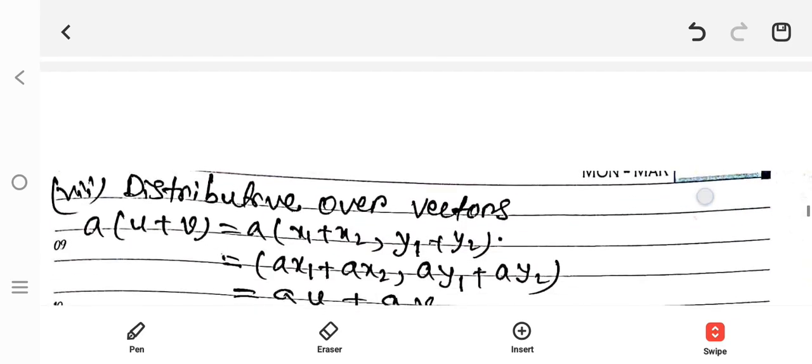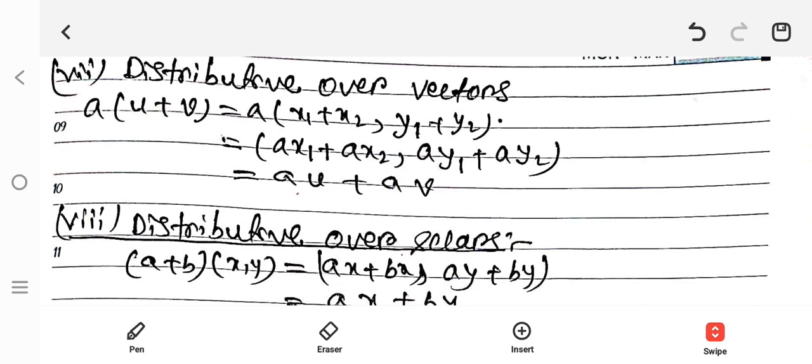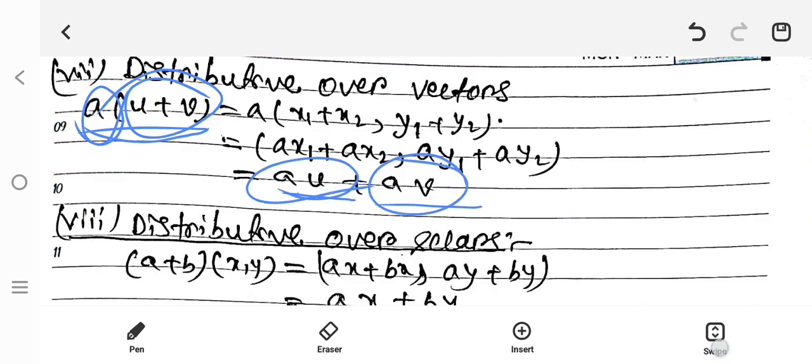So the closure property also holds here, and for the distributive property over the vectors, we can write a in brackets (u plus v), which is equal to au plus av, right? Here, u plus v is actually the total production, and multiplying with scalar a, that means scaling the total production, is equal to scaling each economic datum separately.